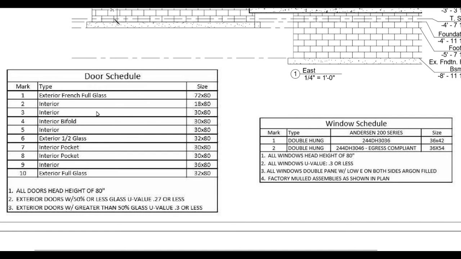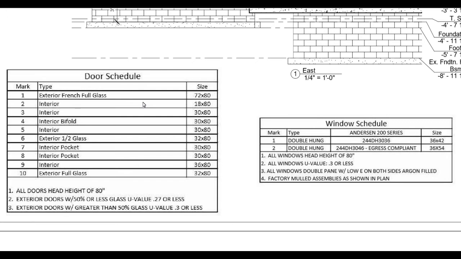The only other thing we wanted to make note of is in the type here, we just have a very quick, easy breakdown of what the door types are. A lot of times you can see this kind of information within the floor plans or the elevations.